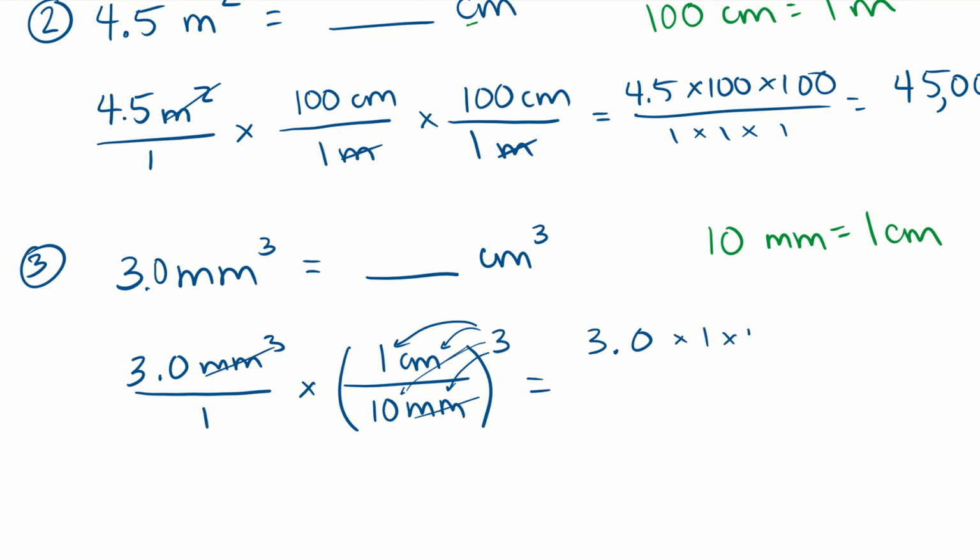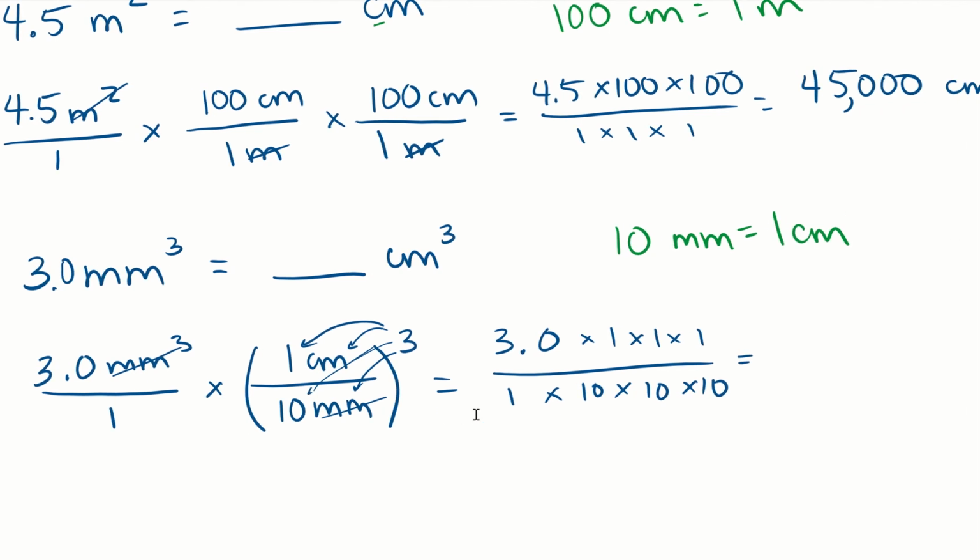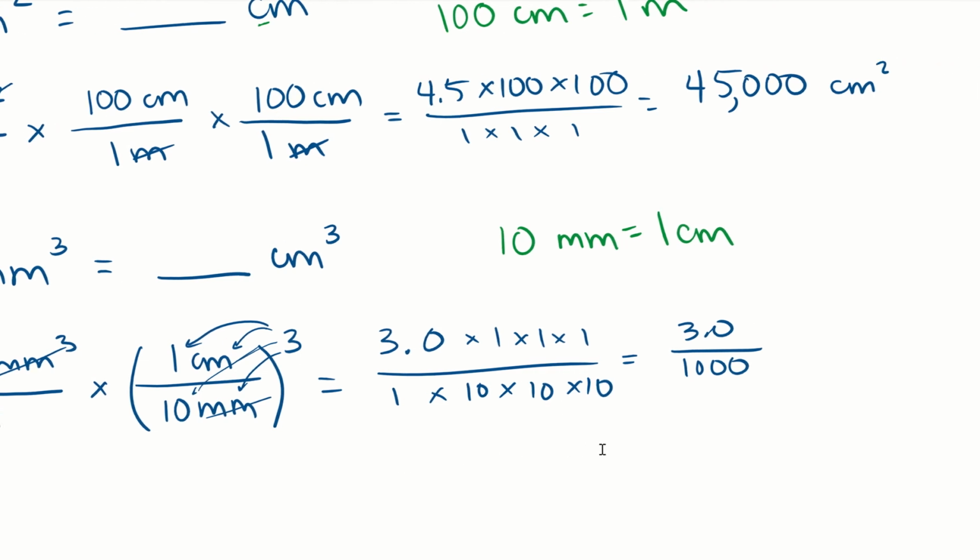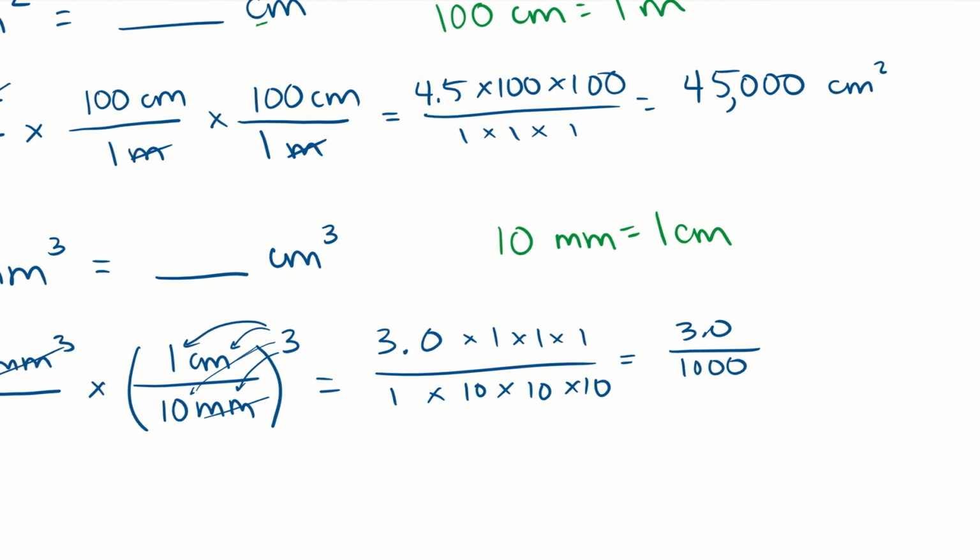I have times 1, times 1, times 1, so it's cubed 3 times, divided by 1 times 10 times 10 times 10, or I could just write 10 cubed. So I end up dividing 3.0 by 1,000, because when I multiply 10 together 3 times, I get 1,000. And so my answer is 0.003 centimeters cubed.